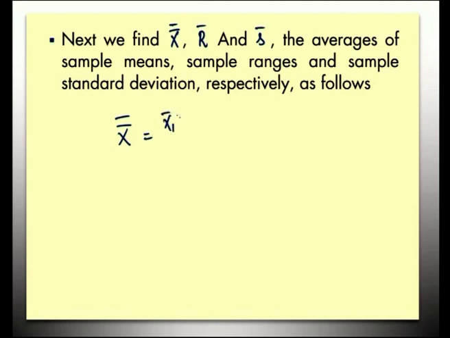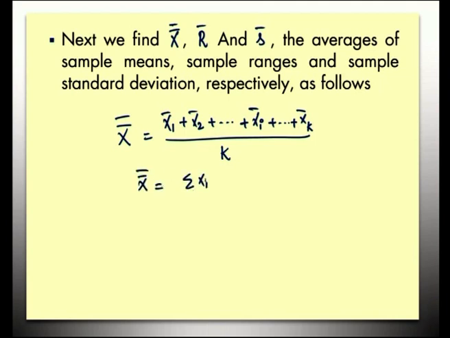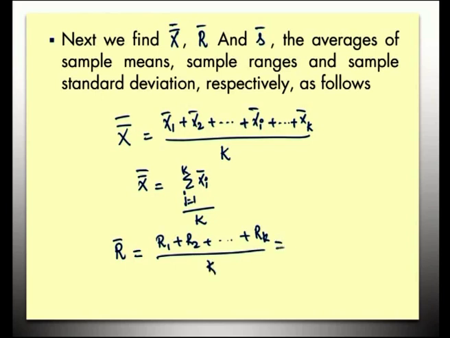So x1 bar plus x2 bar plus up to xk bar divided by k. It is written as x bar bar equal to summation of xi bar, i equal to 1 to k, divided by k. Similarly, R bar is R1 plus R2 plus up to Rk divided by k, which is summation i equal to 1 to k of Ri divided by k.